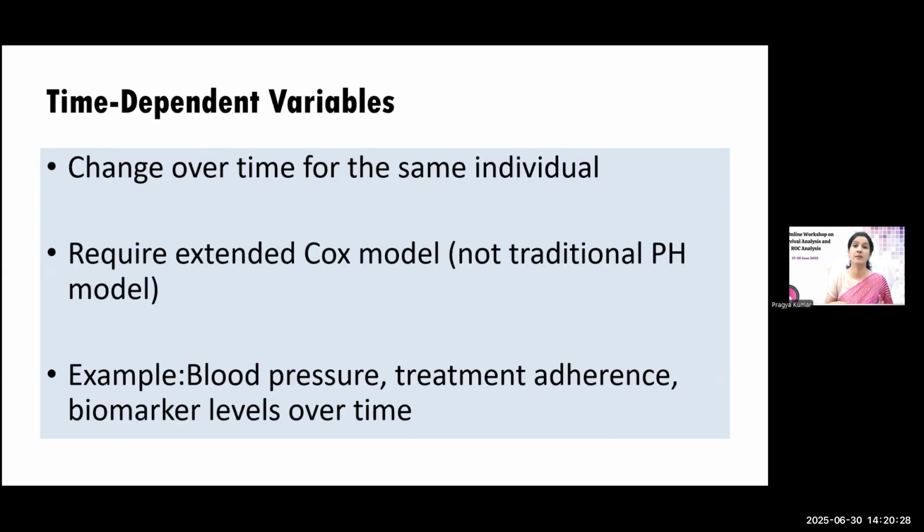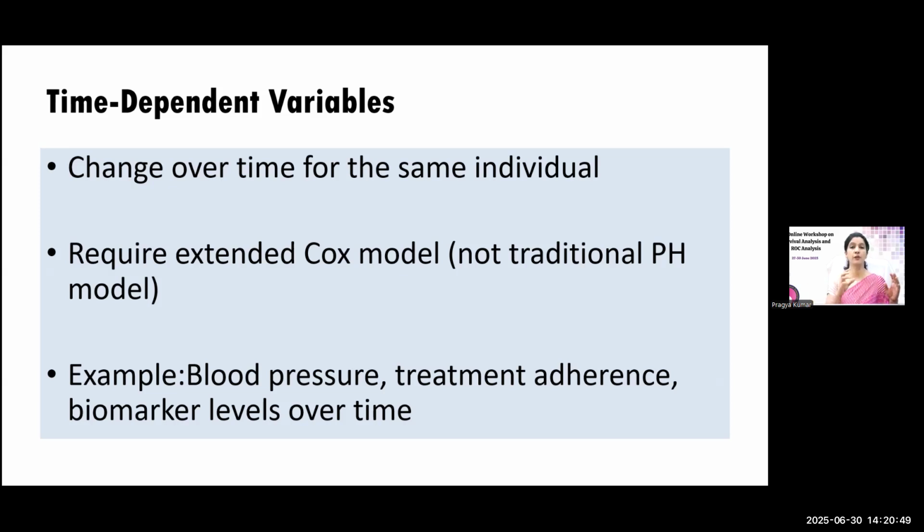There are some time dependent variables also, which change over time in the same individual, like blood pressure, treatment adherence, or any biomarkers. If you are measuring some biomarkers in an individual, that will also change over time. So if the proportional hazard assumption is not met, that variable is time dependent.